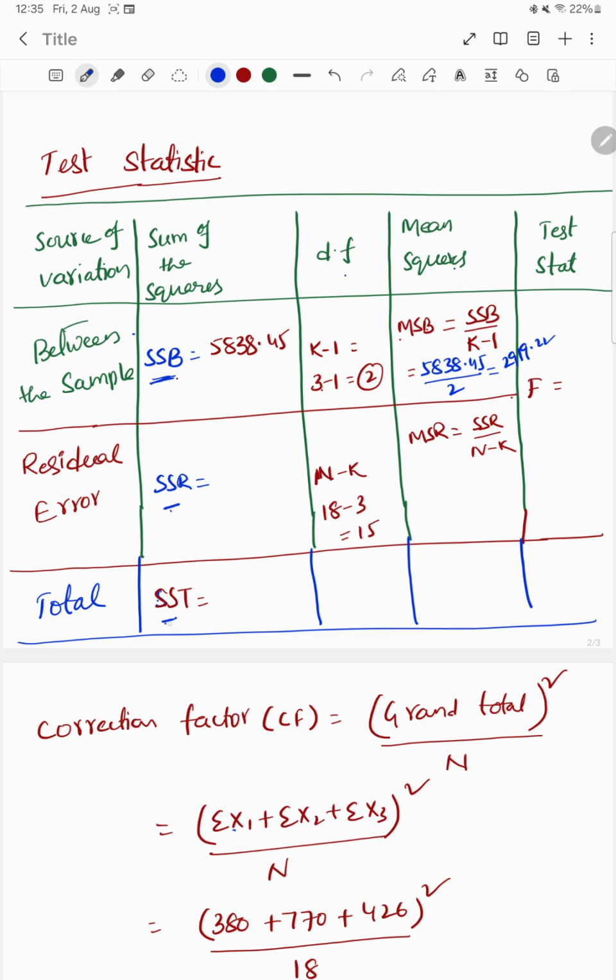So when we are unable to calculate SSR directly, we can first find SST, then SST minus SSB will give you SSR.